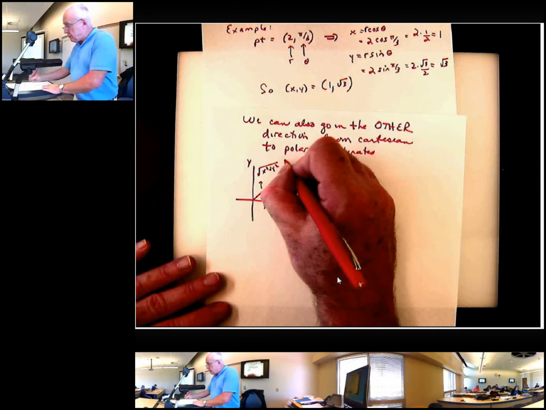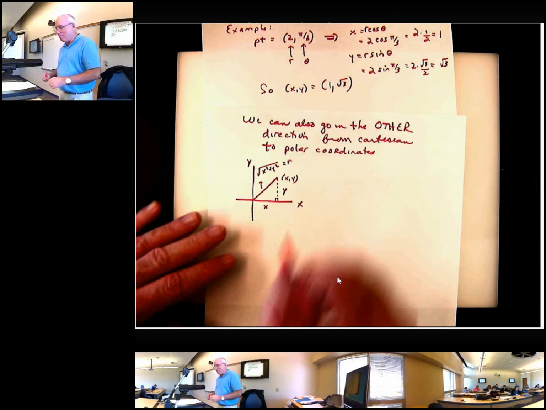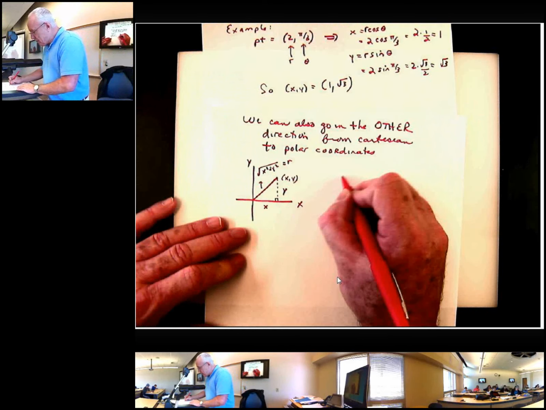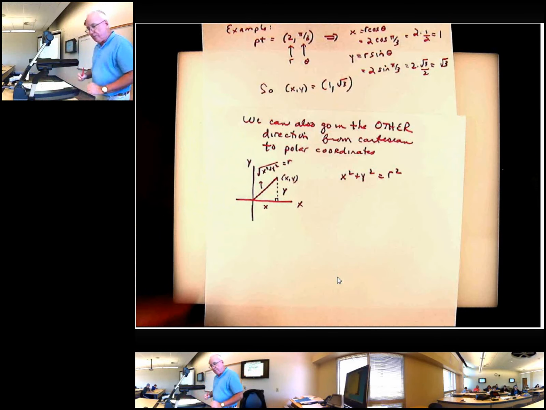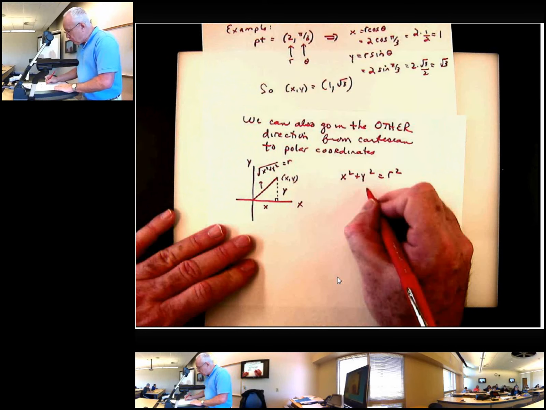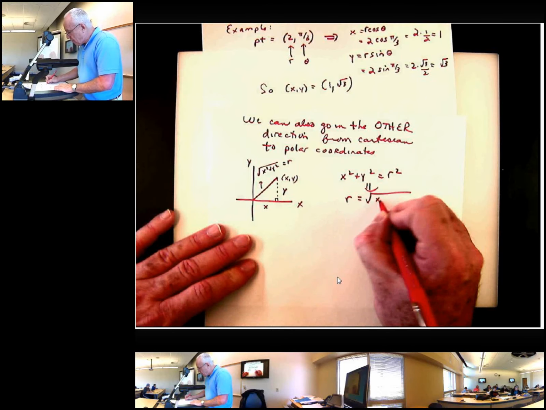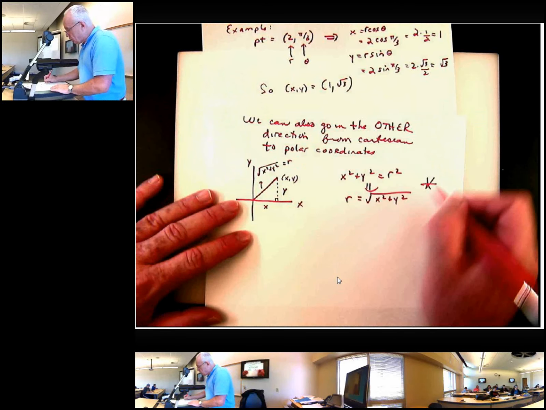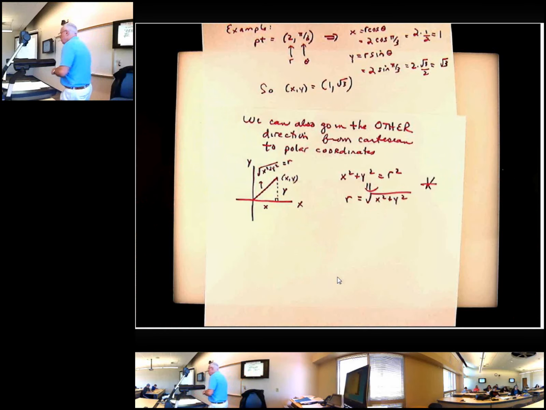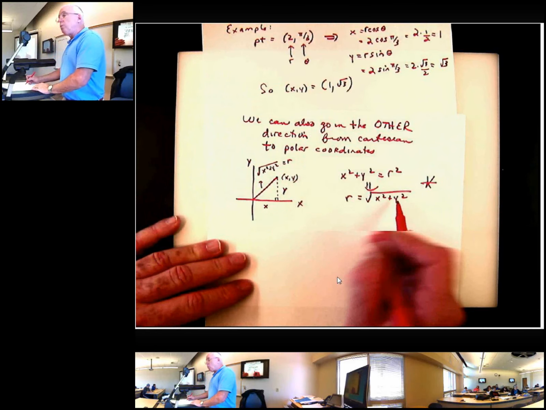And of course, this is equal to our r, all right? So we have x squared plus y squared is equal to r squared. If I take the square root of both sides, r is equal to the square root of x squared plus y squared. Okay, so this is another relationship we need to remember. Therefore, if we know the x and the y, we can find the r.